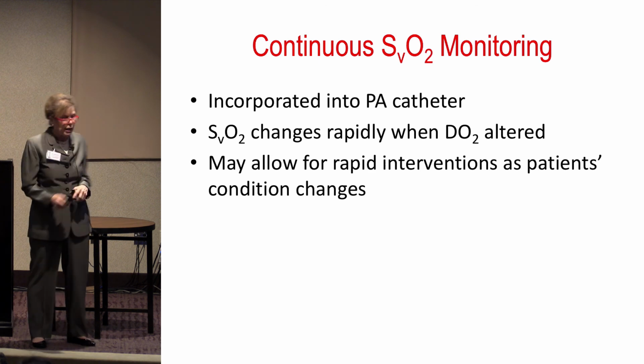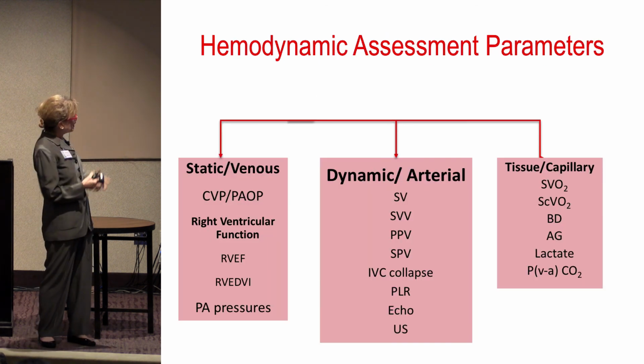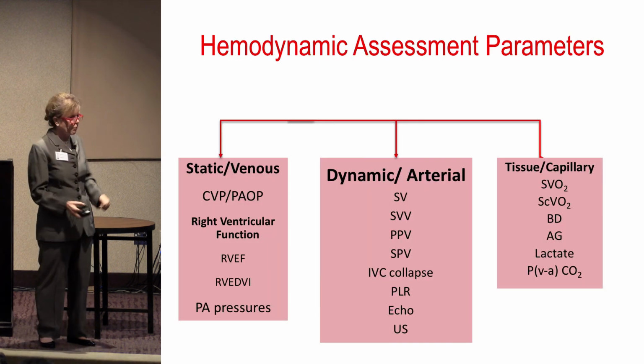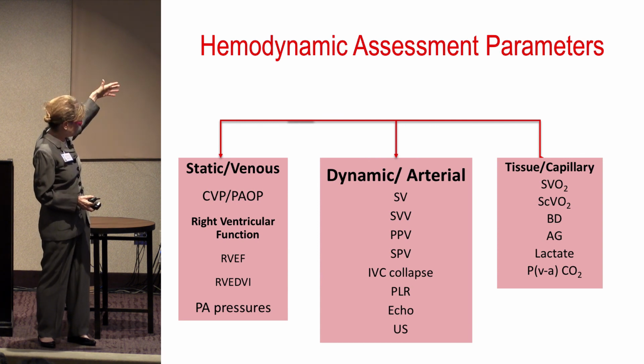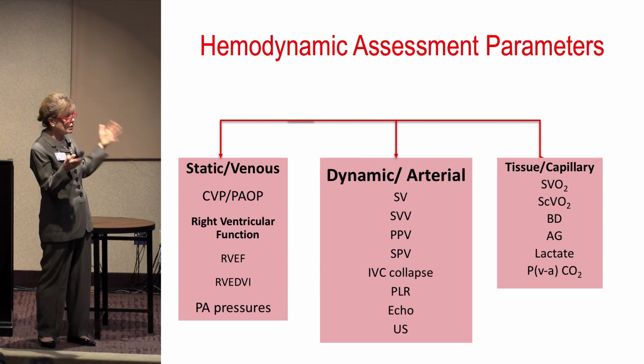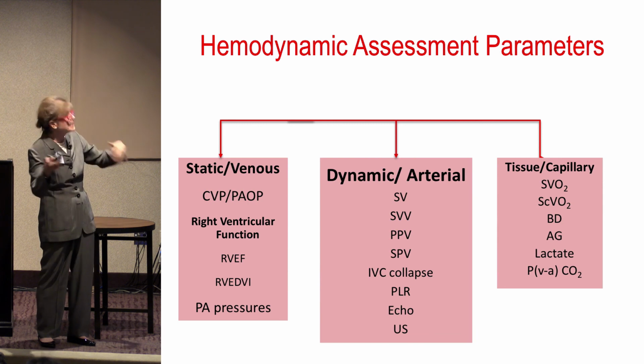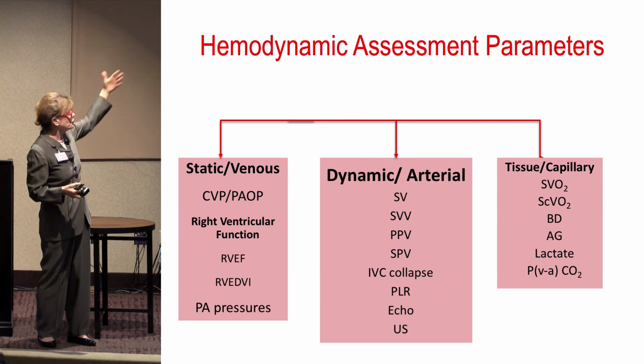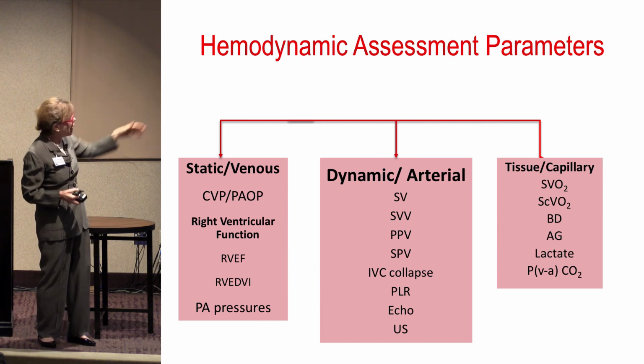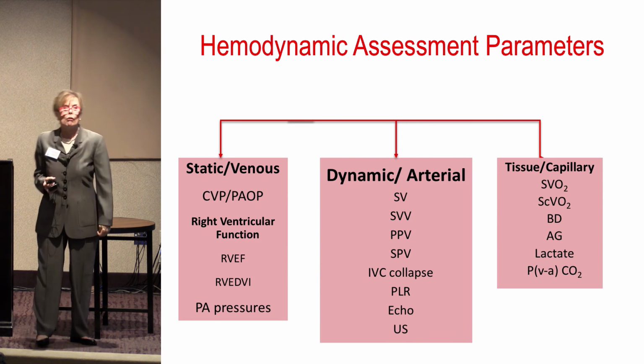And then just to remember, SpO2 monitoring. So we kind of bring that all together in a really short format to just say we have static or venous measures, venous also meaning primarily deoxygenated blood, compared to dynamic or arterial measures, and then compared to tissue or capillary measures.